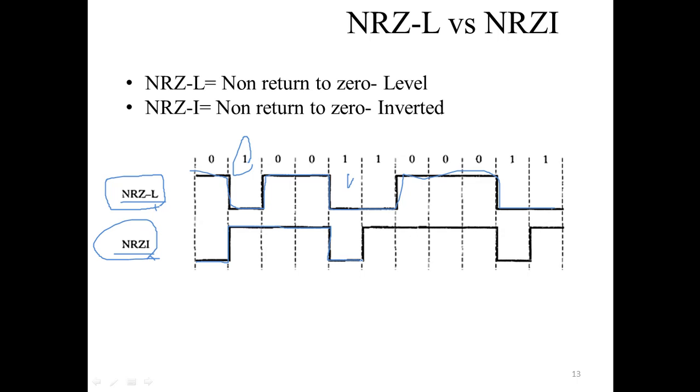There comes 1 again, so you invert, and there comes 1, you just have to invert your signal. So this is basically NRZ inverted and NRZ level. This is the minor difference between these two coding techniques.